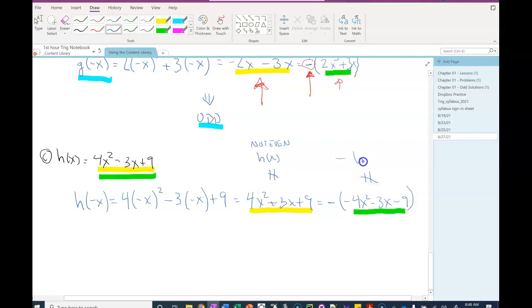And because I have a negative sign out front, obviously it's not negative h of x. So I know it's not odd. So it's neither. It can't be even, it can't be odd, then that's neither type of symmetry. Is that okay with you guys?